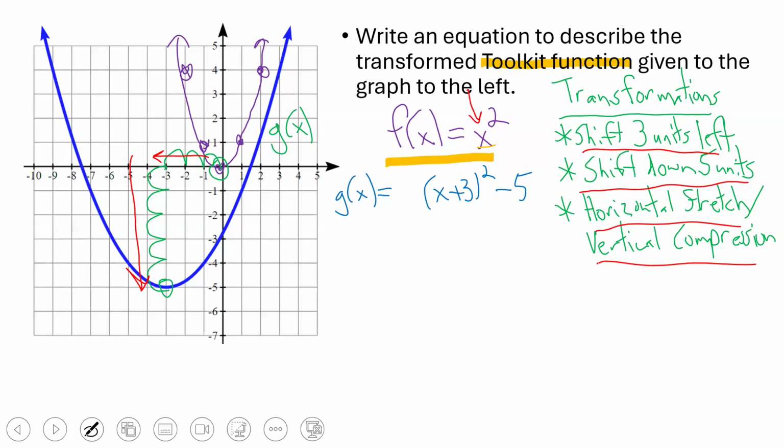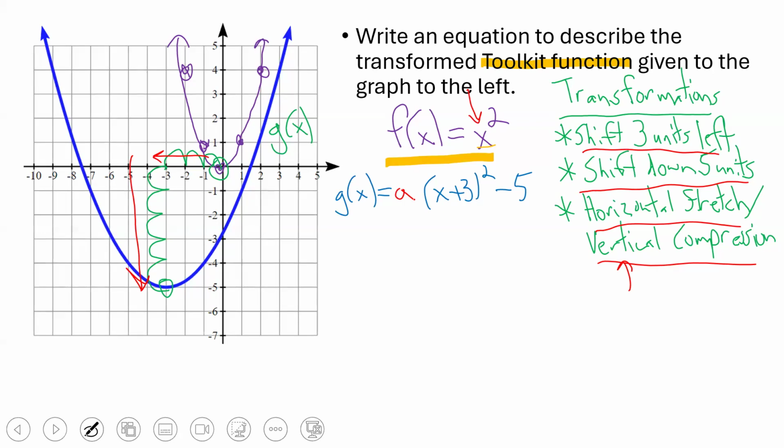So to notate that, first of all, we're going to assume it's a vertical stretch or compression, just because those are easier to determine than the horizontal ones. And because of that, we know that there has to be a number multiplied on the outside, out front of the function to notate that vertical stretch or compression. So I'm going to use a variable a to stand for that missing stretch or compression factor.